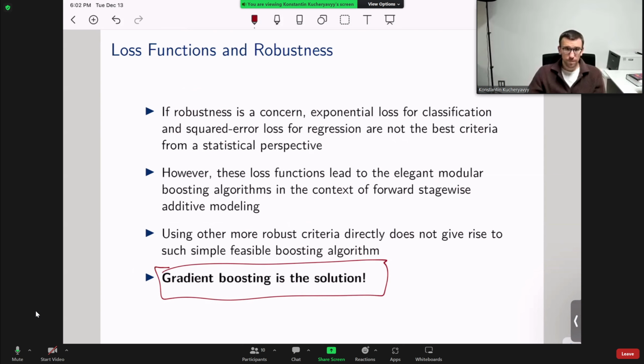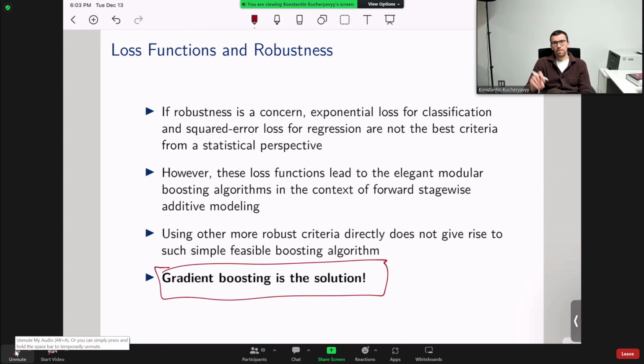Well, it's clear that AdaBoost is just a particular case of stage-wise modeling. But why do we need gradient boosting again? Right, gradient boosting, because we want to be able to work with more general loss functions, potentially.